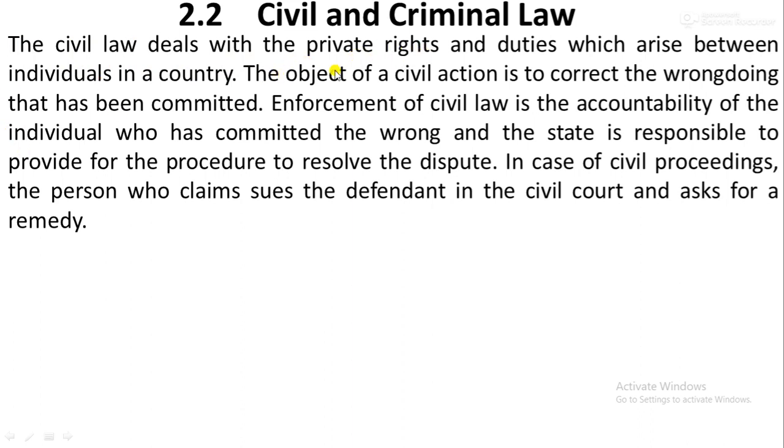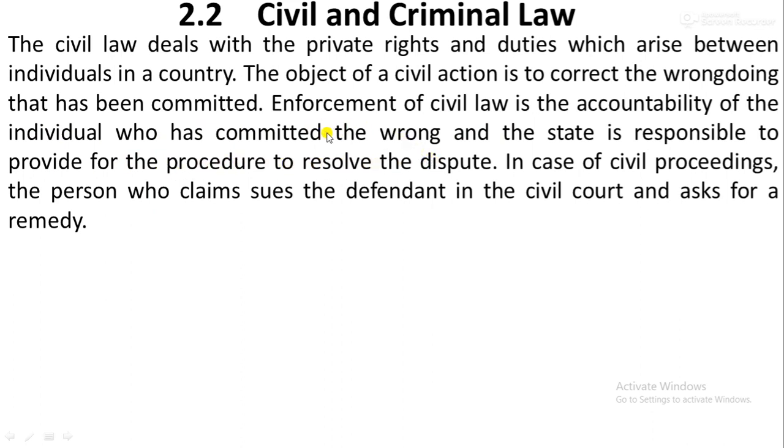Yes, the object of civil action is to correct the wrongdoing that has been committed. Object means the main aim or goal of the civil law is to take action to correct wrongdoing when it happens. So enforcement of civil law is the accountability of the individuals who have committed the wrong, and the state is responsible for providing the procedure to resolve the disputes.